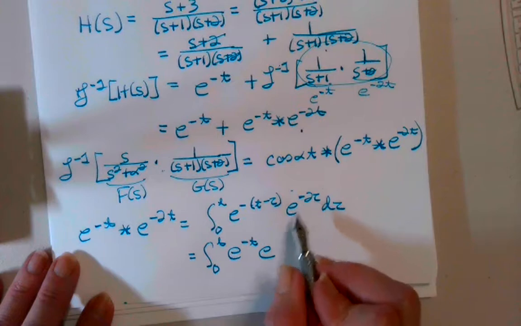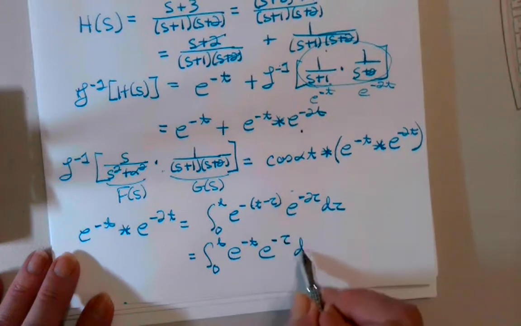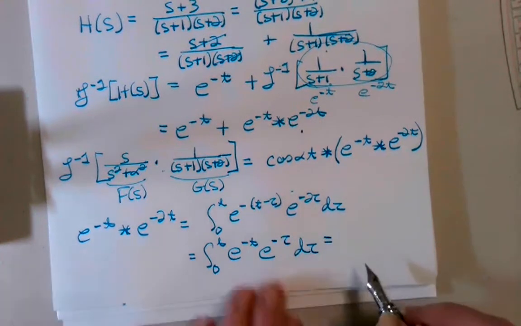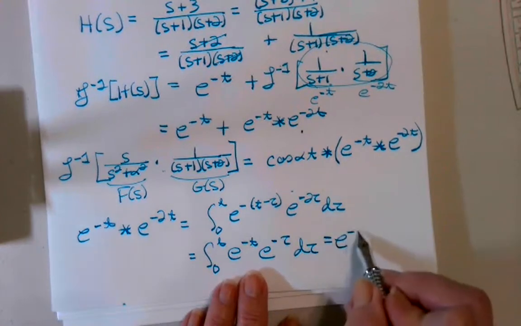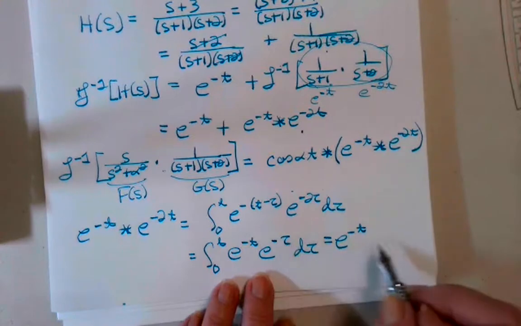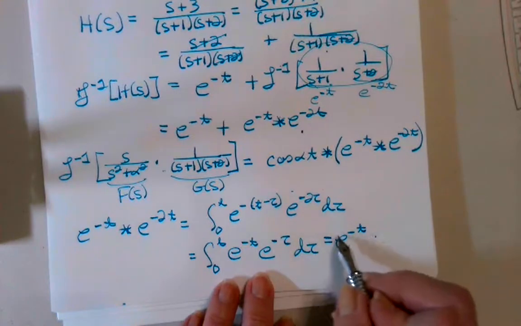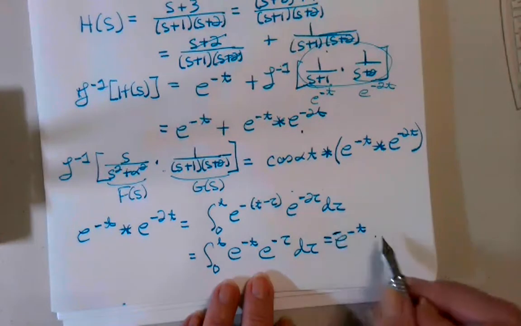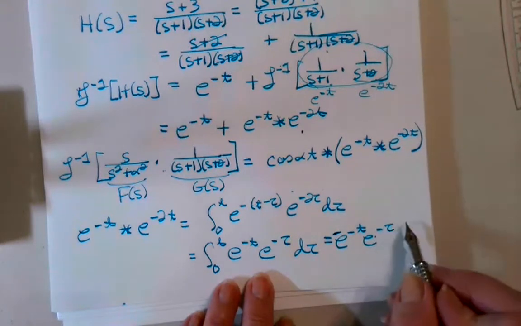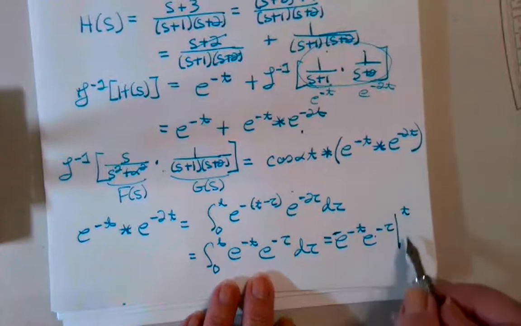So that will be an e to the minus tau d tau. The e to the minus t is not the variable of integration, so that comes out in front. When you integrate e to the minus tau, you get minus e to the minus tau, and you evaluate from 0 to t.